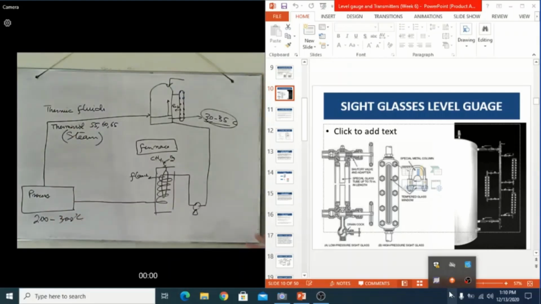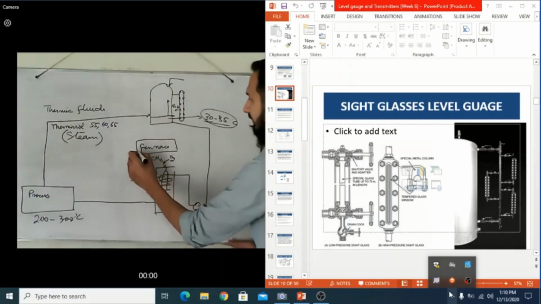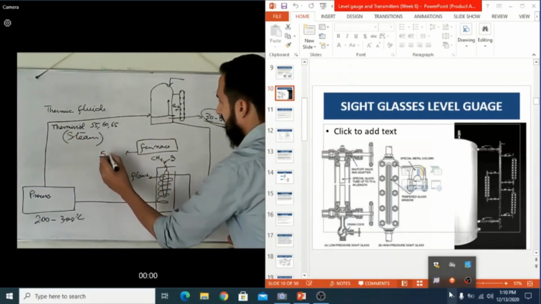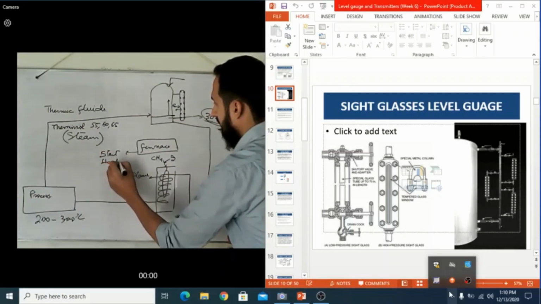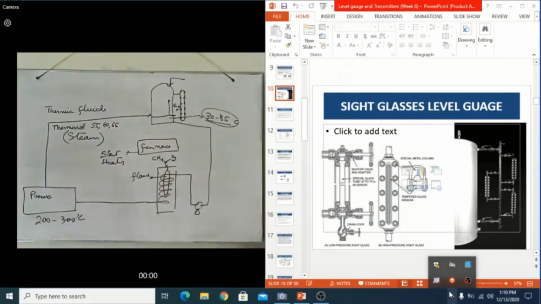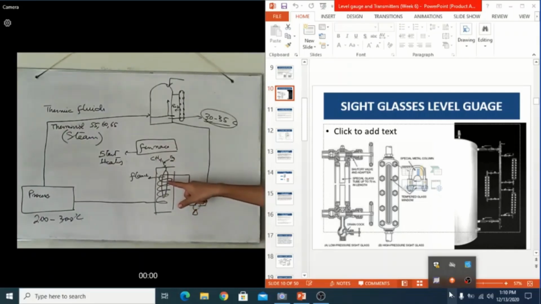Let's suppose you have filled up your fluid throughout your circuit and in the tank up to that much height. But after some time, once you start heating in your furnace, that means you're providing heat through the combustion of natural gas and with the help of introducing oxygen.